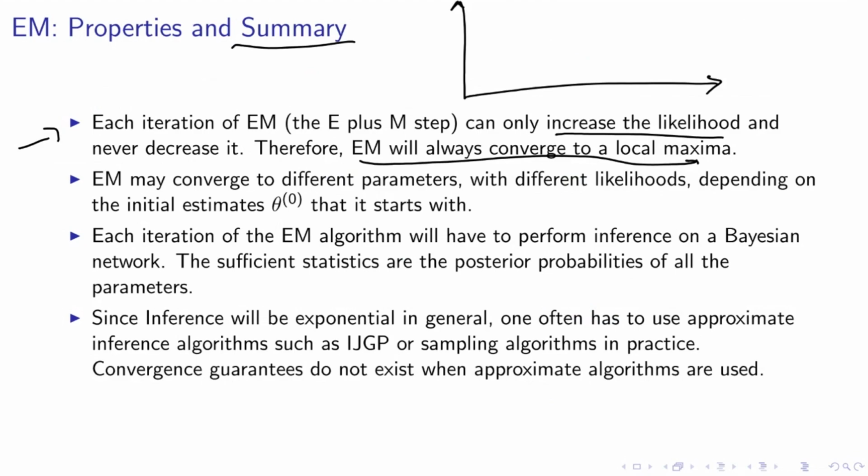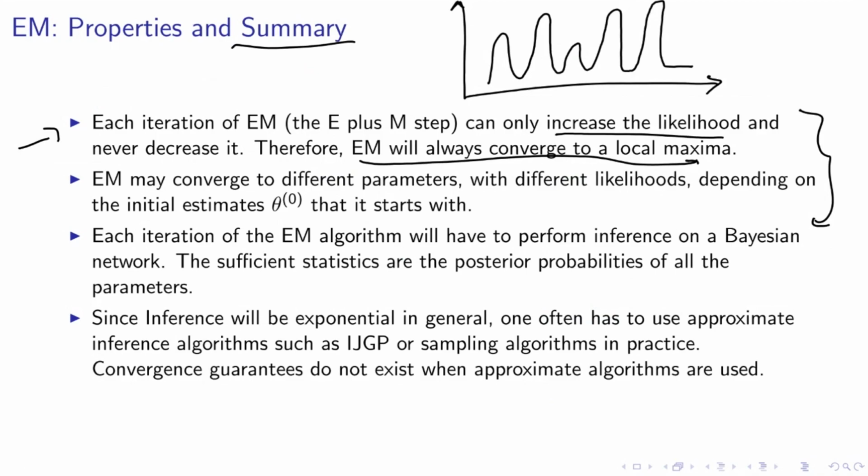If you recall, our likelihood function was multimodal, so it was something like that. What these two properties mean is that if I start with an initialization at that point, I'll reach a local maximum, which is that one.